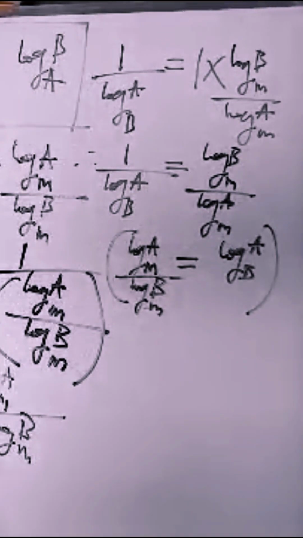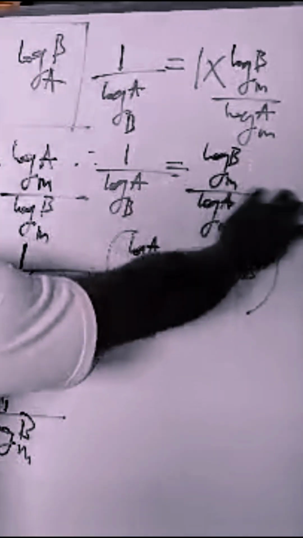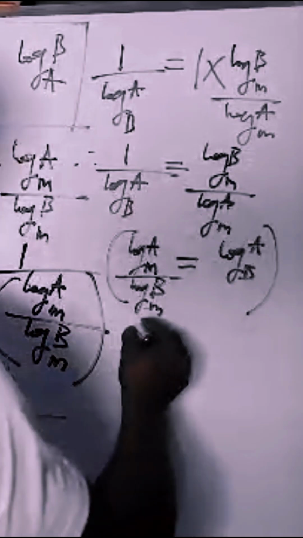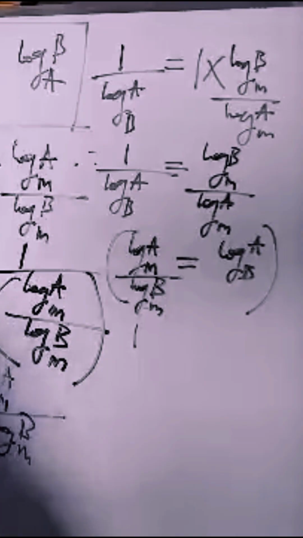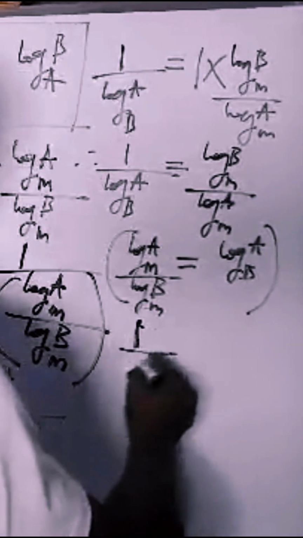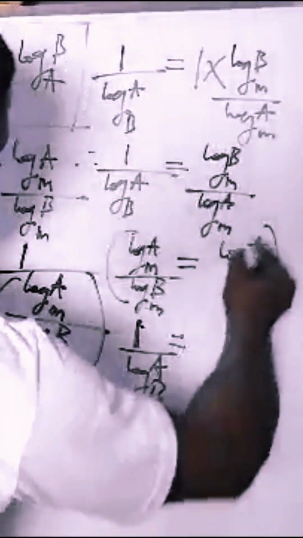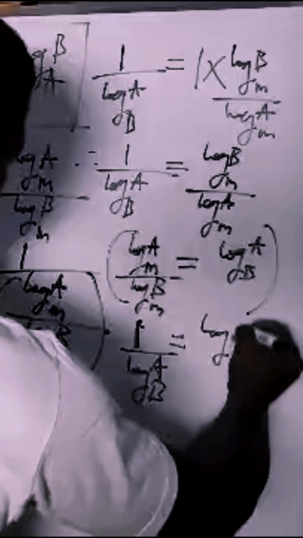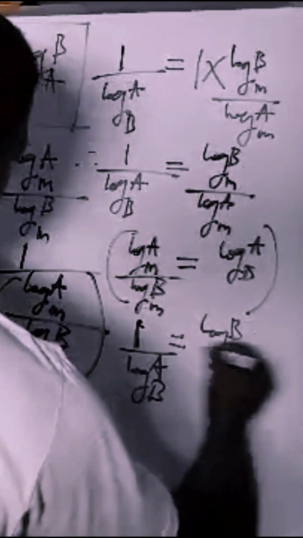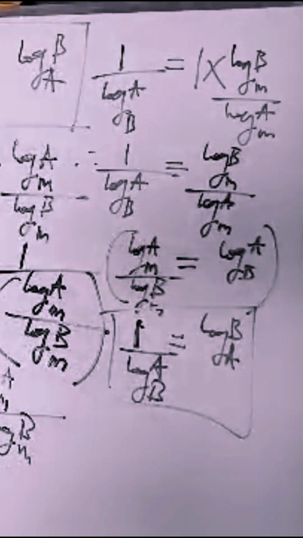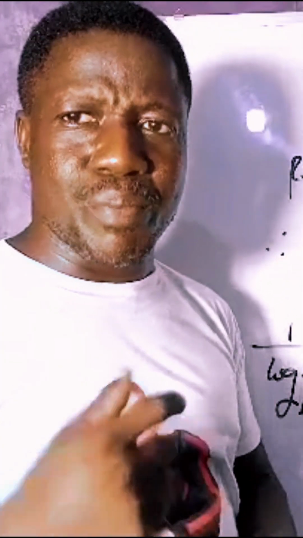So if that is true, it means that the log of b to base m divided by the log of a to base m will now be equal to, let's say 1 over the log of a to base b, is now equal to, in this place, the log of b to base a, which again validates the derivation and the authenticity of the fifth law of logarithm, that says that the reciprocal of the log of a to base b is as good as log b to base a.